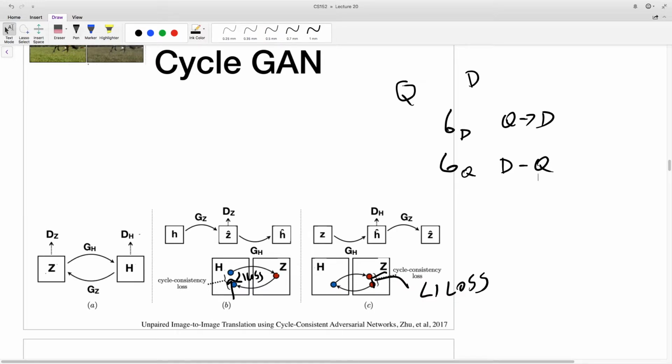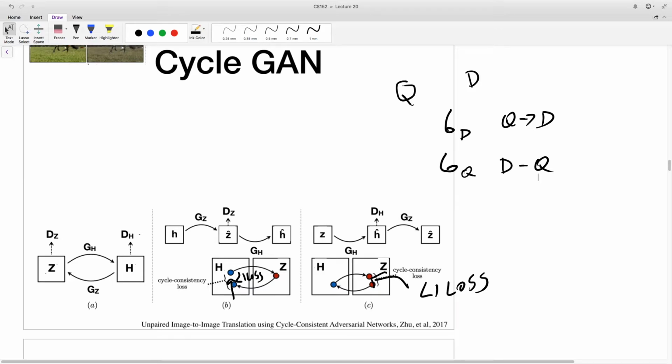So I take my 4 quarters, and what would be a good output of the dollar generator given 4 quarters? $1. And if I take a dollar and I feed it through a quarter generator, what would be a good output? 4 quarters, that's right. So our cycle loss there is 0, because we went from 4, we got back 4.